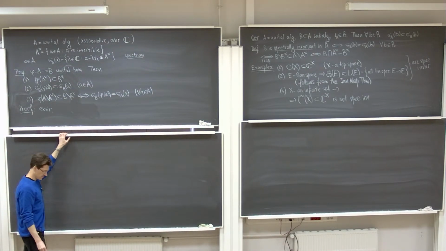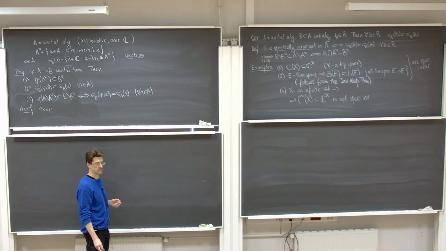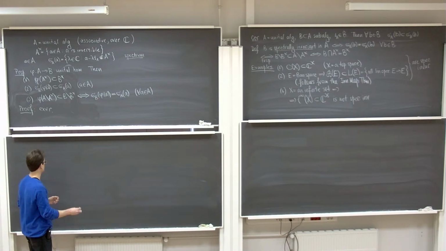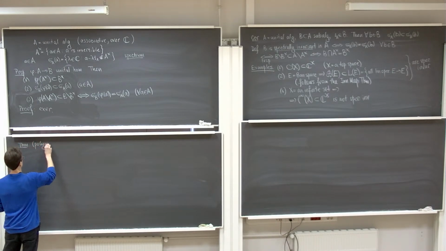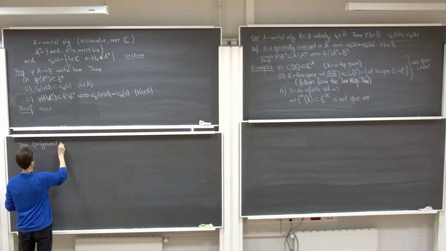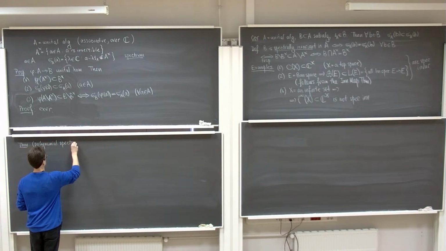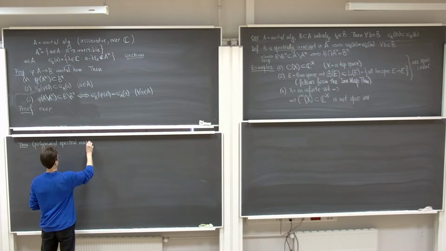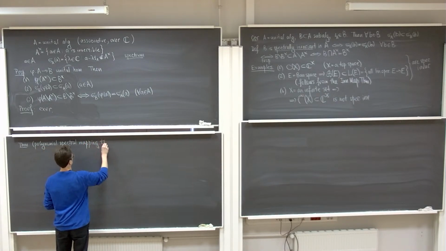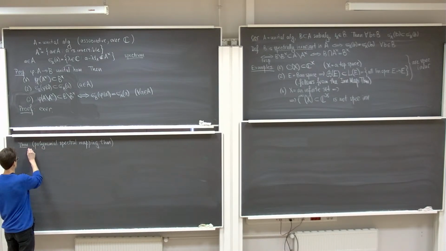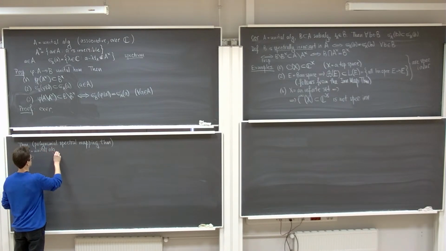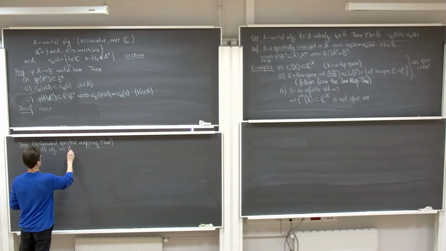Our next result, or the next important algebraic property of the spectrum, is the so-called polynomial spectral mapping theorem. Suppose that A is a unital algebra, and little a is an element in our algebra.